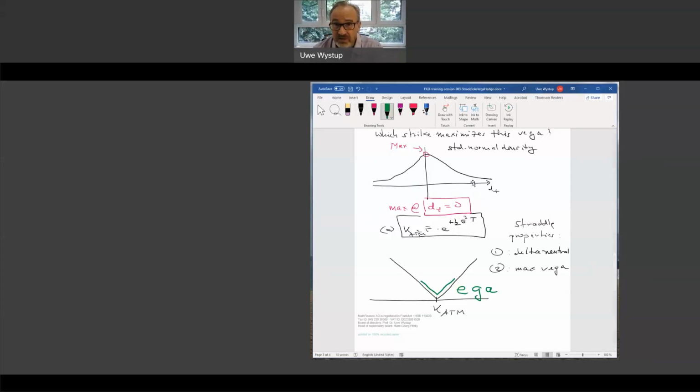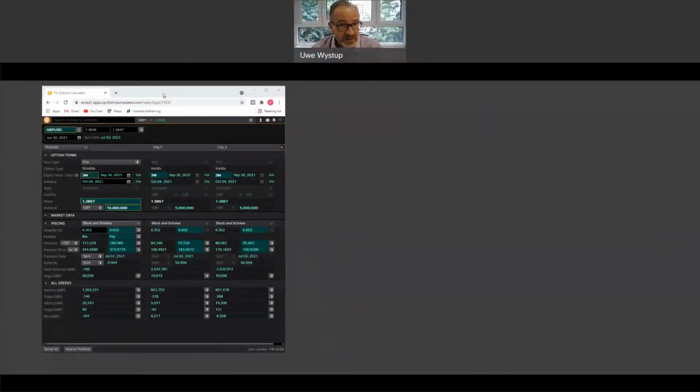Let's have a quick look at an example. Let me show you the example in figures. We've got here an option calculator. That's the calculator that you'll find on Icon, by the way.